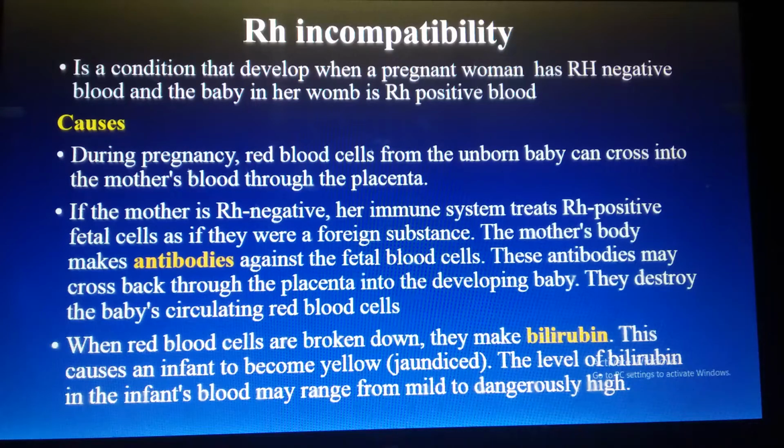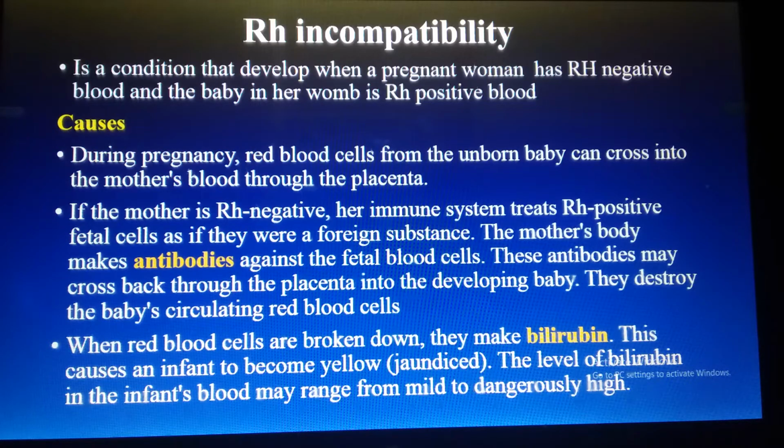So this blood will move through the placenta to the mother's circulatory system. And we know that the mother is Rh negative, so no antigen, no Rh factor is present on the surface of the red blood cells of the mother.